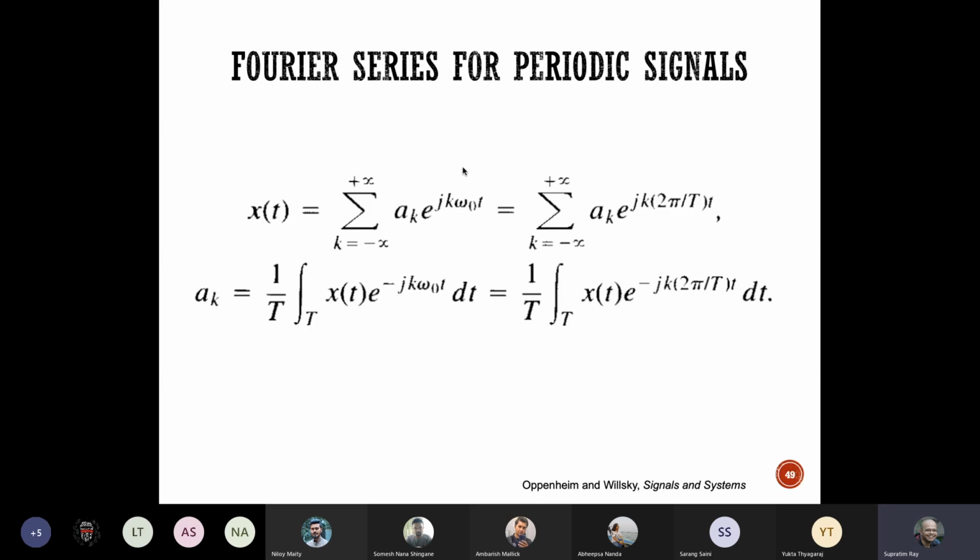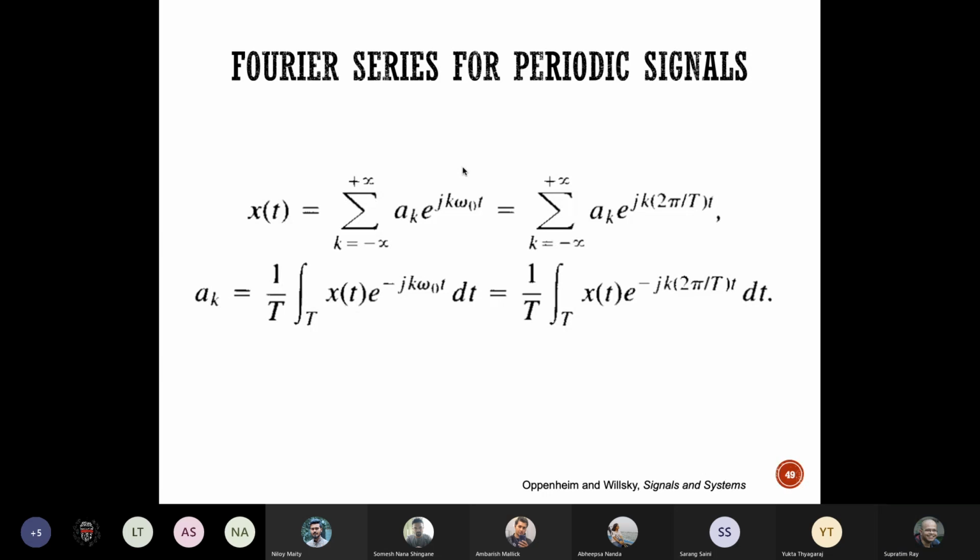By the way, there's a very interesting story here. There were quite a few people who were looking at these kinds of expansions. This was mainly related to heat transfer and all that.